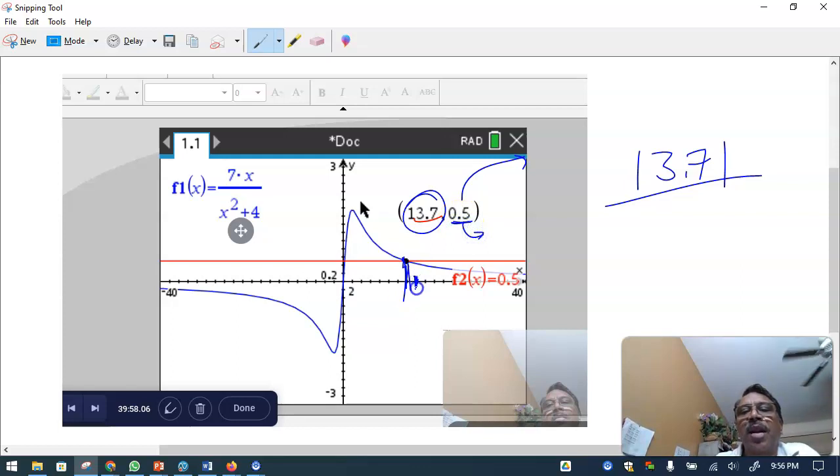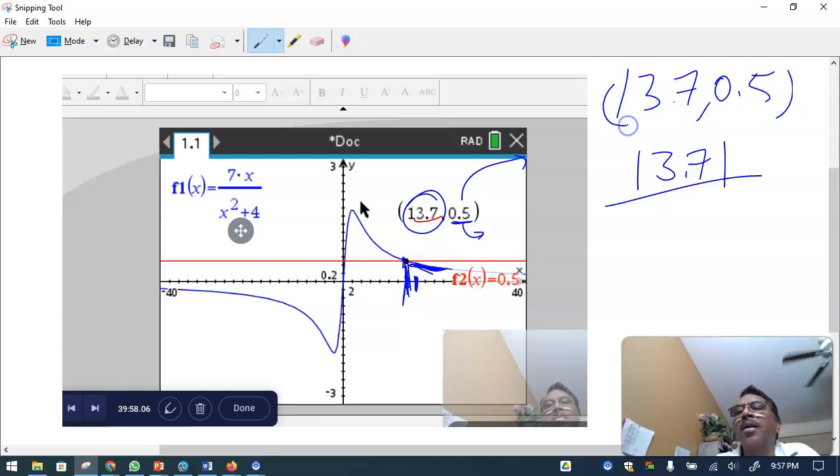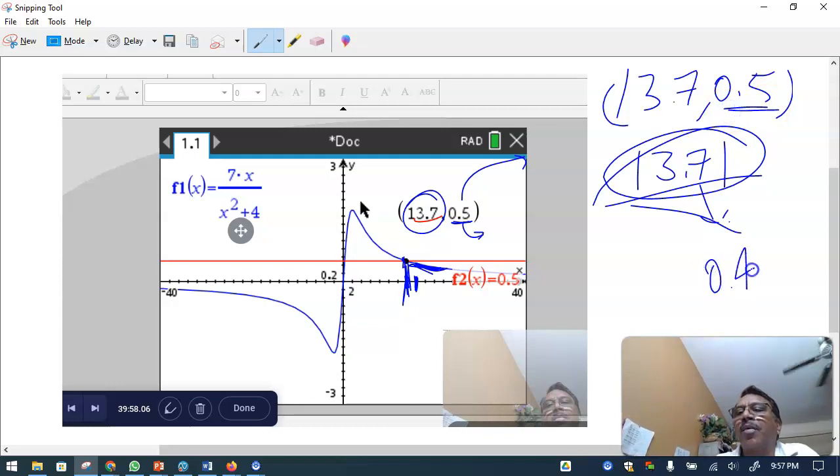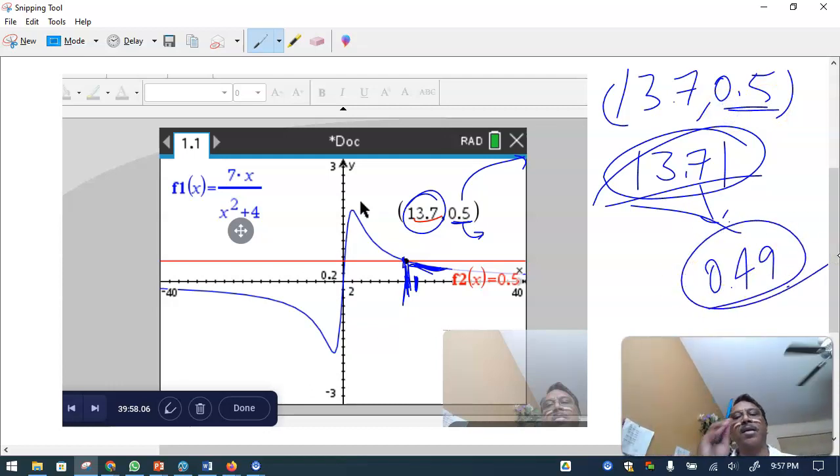That means on the right side, the blue graph is down. Can you see? So 13.7 is exactly when it is 0.5, but at 13.71 the concentration will be below 0.5, maybe 0.49, something like that. I hope that helps.